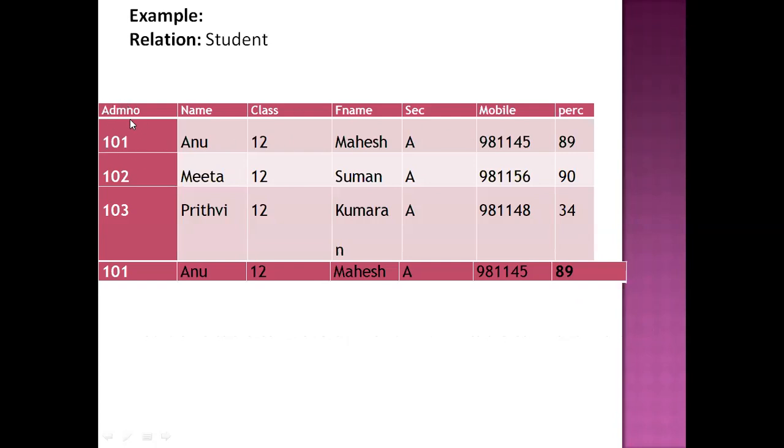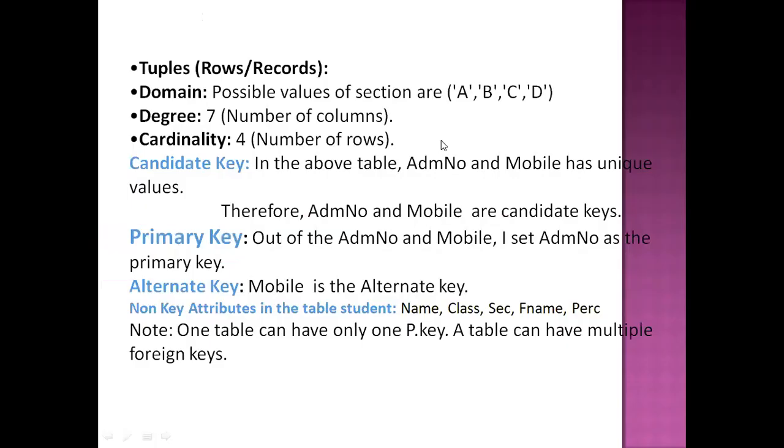Name is related to this, class is related to this, father name is also related to this, section, mobile number and percentage are also related. So all are in a relation. So degree is the number of columns in a relation.